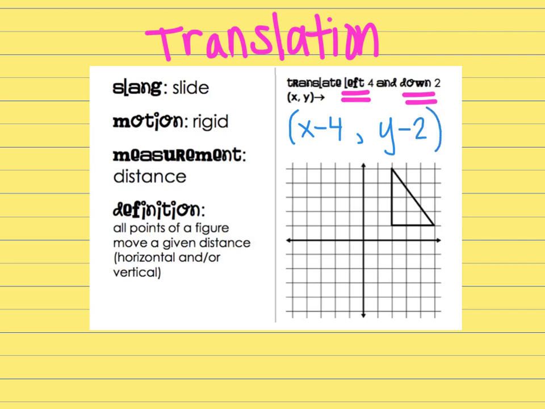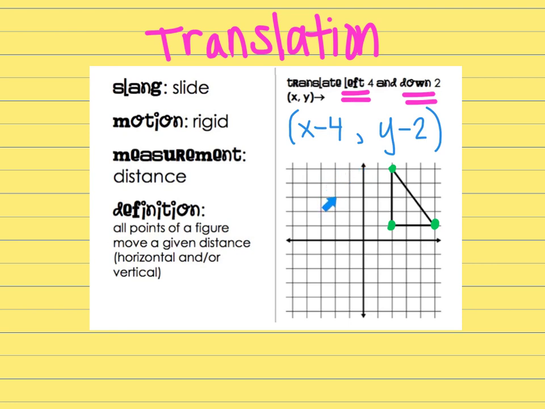Now, I'm going to actually draw this on the graph. Every point is going to go left 4 and then down 2. So if I just have to draw it, this is going to be really easy. This is my original shape. It's going to go left 4 and down 2. 1, 2, 3, 4, down 2.